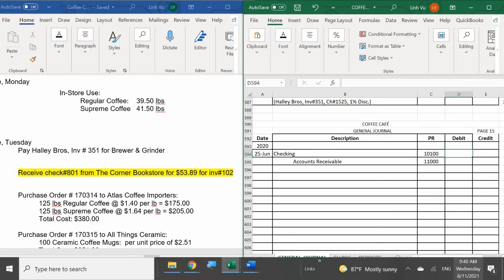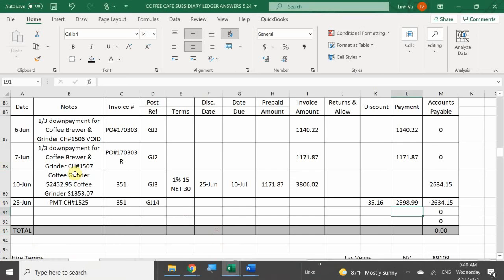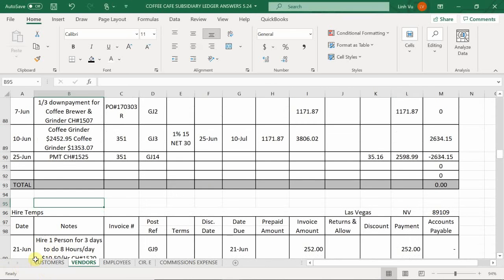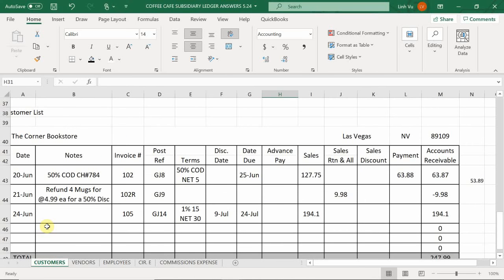Well, do we need to take a look at the subledger and find out if we offered them a discount? You can definitely do that. So let's check it out. Customers, corner bookstore is going to be the last table here. So in this case, we have invoice number 102. How much do we owe on that? Oh, it's 53.89 they owe.